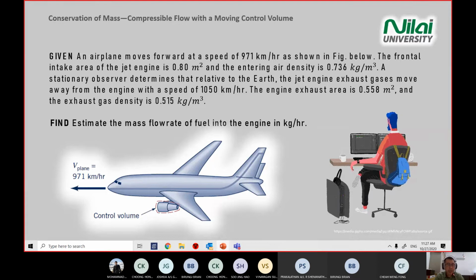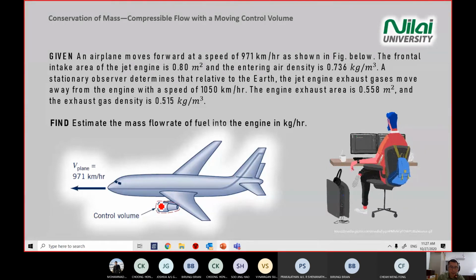All right. Question 11, if you read the statement. The airplane moves forward with a certain speed, and this one is given in kilometers per hour. So be careful on the SI unit again. The frontal intake area, highlighted in the diagram there, is given.